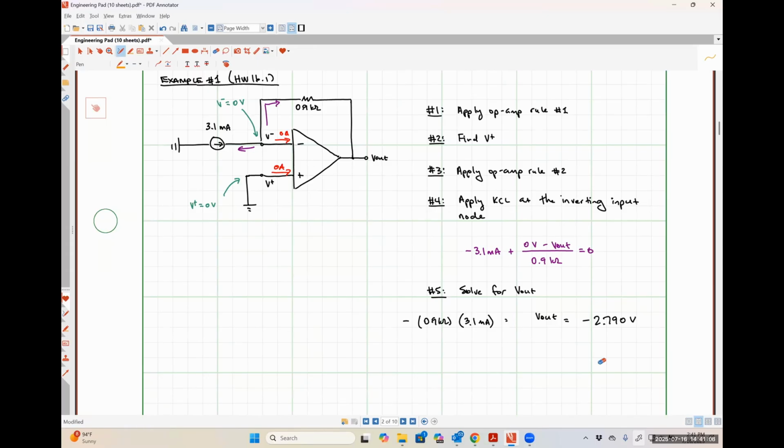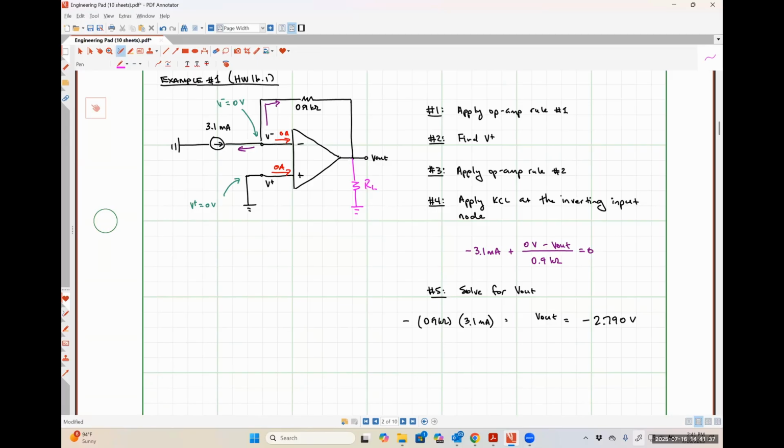Now I want to mess with things a little bit before we move on to the next example. What would have happened if I had added some resistance here between the output terminal and ground? I'm going to call this resistance R sub L because this is a load resistance. Our op amp might be driving some load like a small speaker.